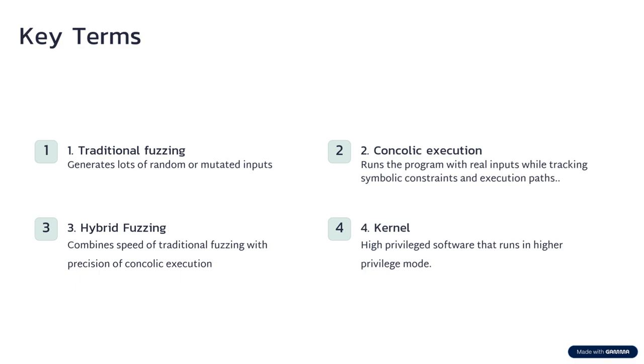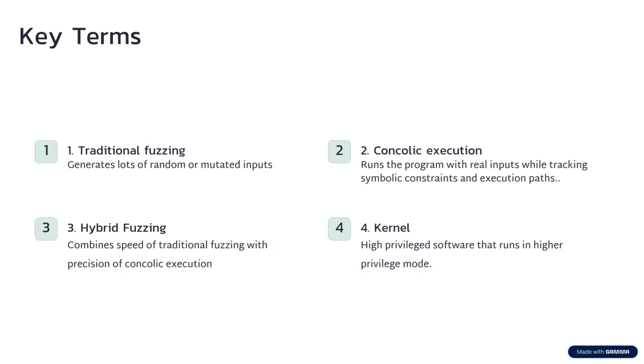It's really fast and scalable because it doesn't try to understand the program's internal logic, but it really struggles when programs have complex conditions and constraints, such as specific input formats or multi-step validations, because random mutations usually don't satisfy those complex conditions.